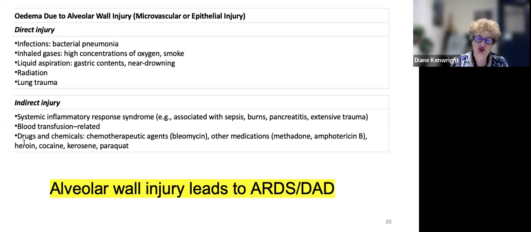When there's injury with a proteinaceous exudate, you get the clinical syndrome of acute respiratory distress syndrome because the protein starts to line the little alveoli and doesn't go away quickly like transudative heart failure related pulmonary edema.